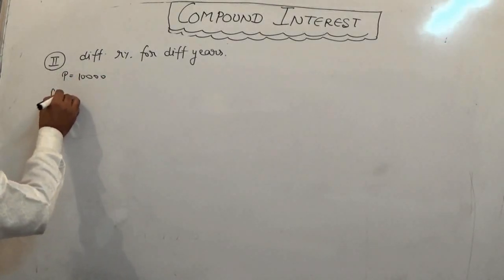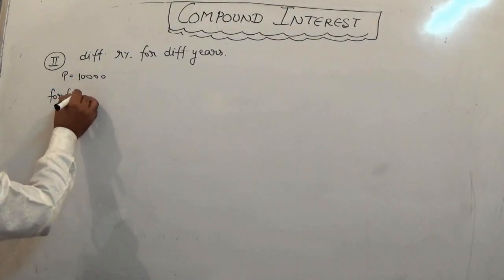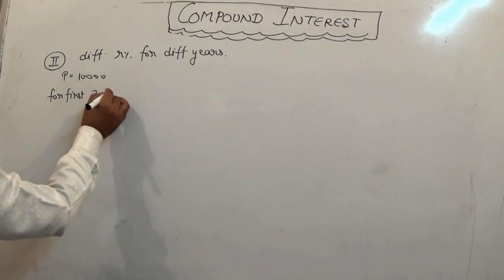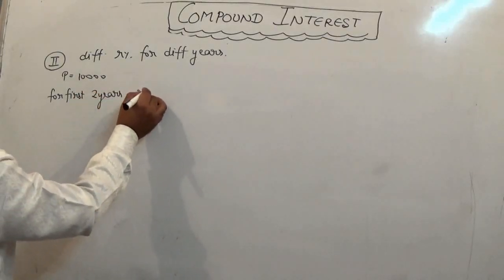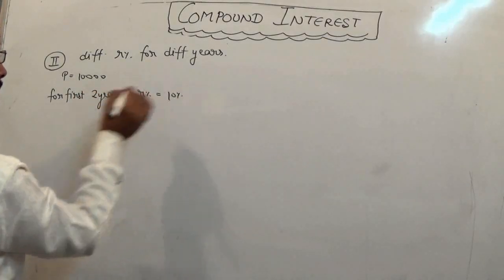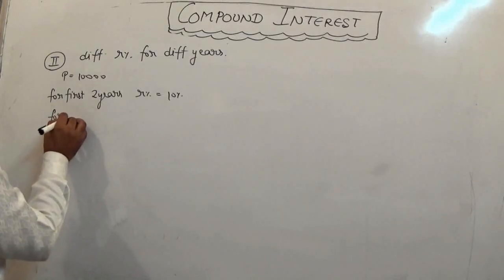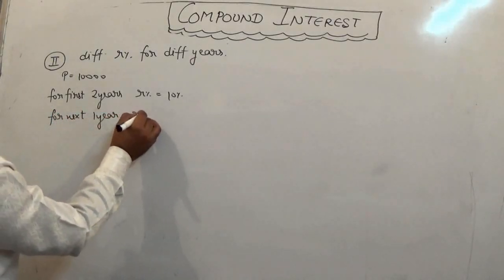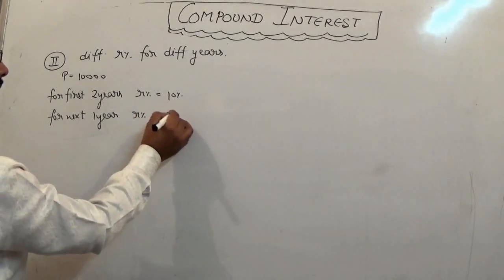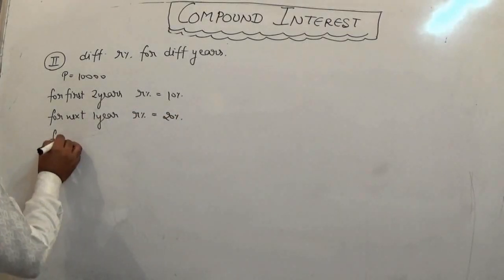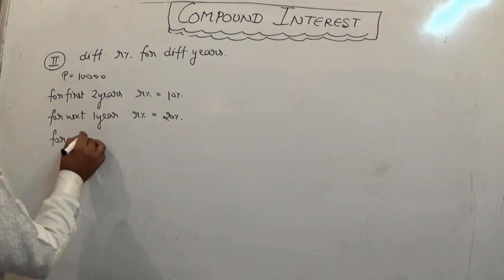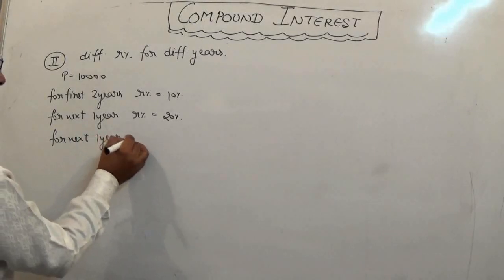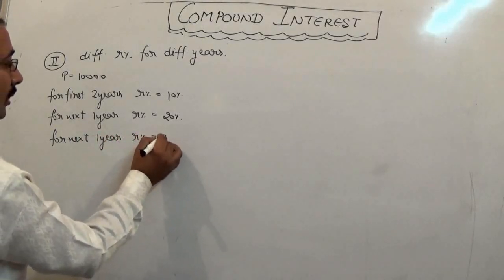It is given that for the first 2 years the rate of interest is 10%, for the next 1 year the rate of interest is 20%, for the next 1 year the rate of interest is 25%.